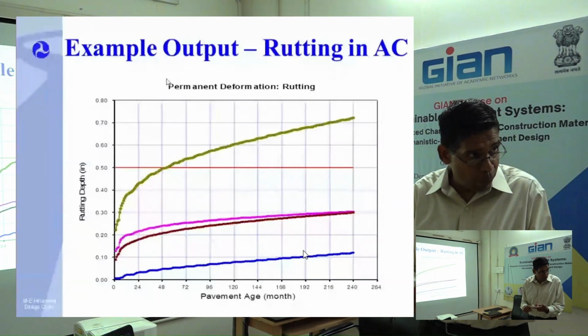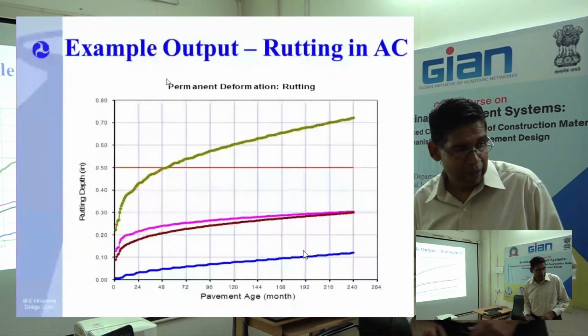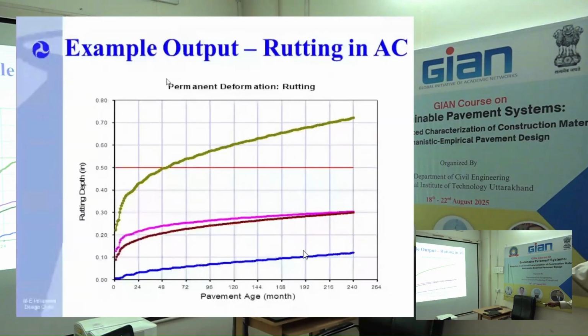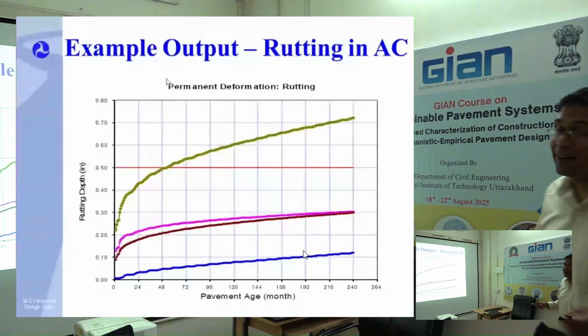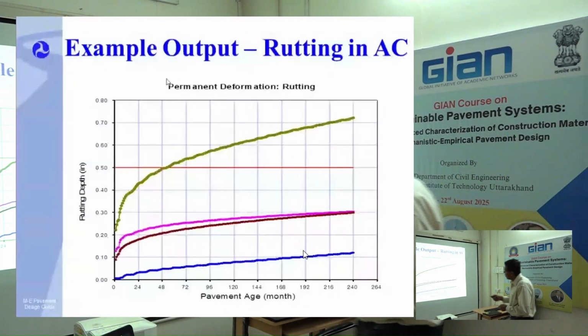One is subgrade, one is base, one is asphalt. Can you look at the shape and tell me which one is asphalt? Magenta? Pink color. Let's look at this. Look at the shape of the blue one.